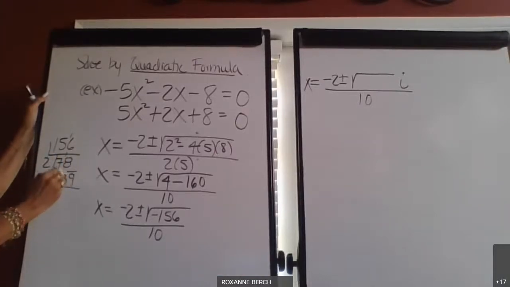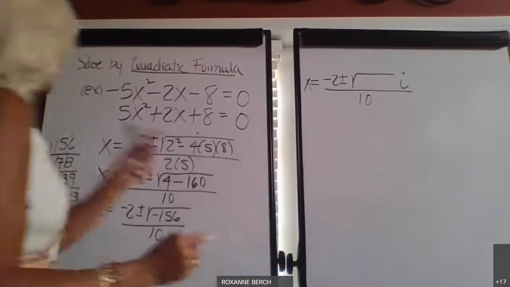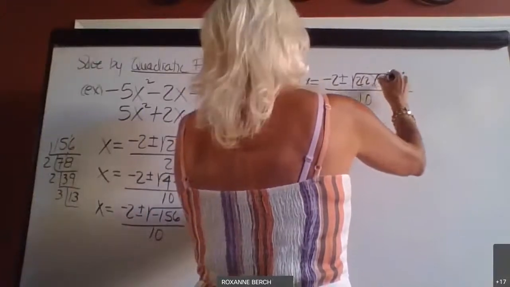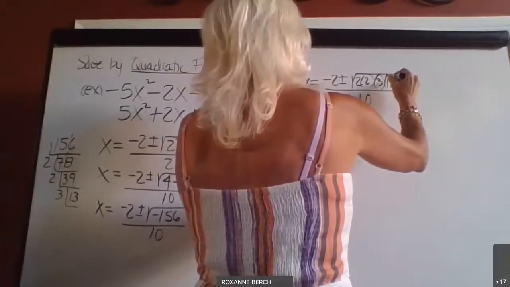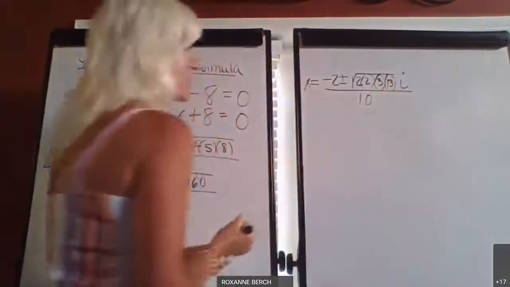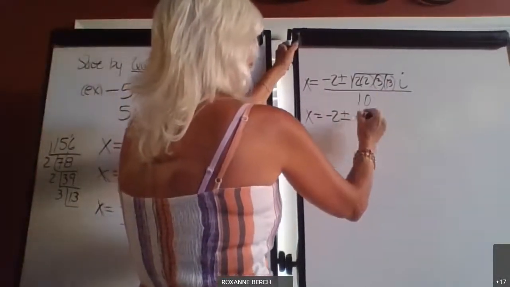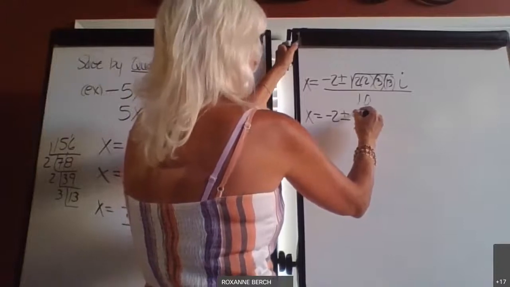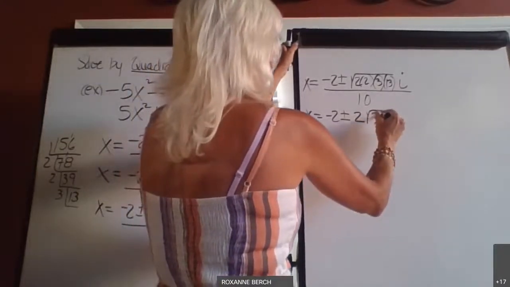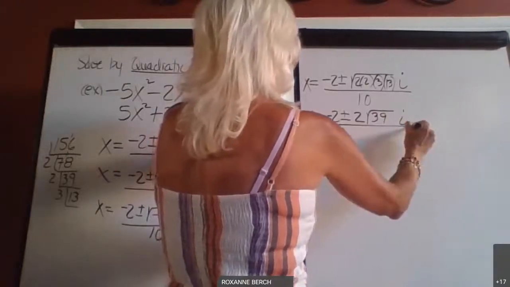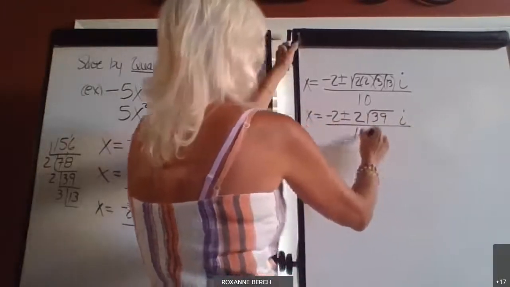2 times 9 is 18. Take out a 3 would be 13. So over here we have 2 times 2 times 3 times 13. So who gets to come out? 2 gets to come out, and a 39 gets stuck, i, all divided by 10.